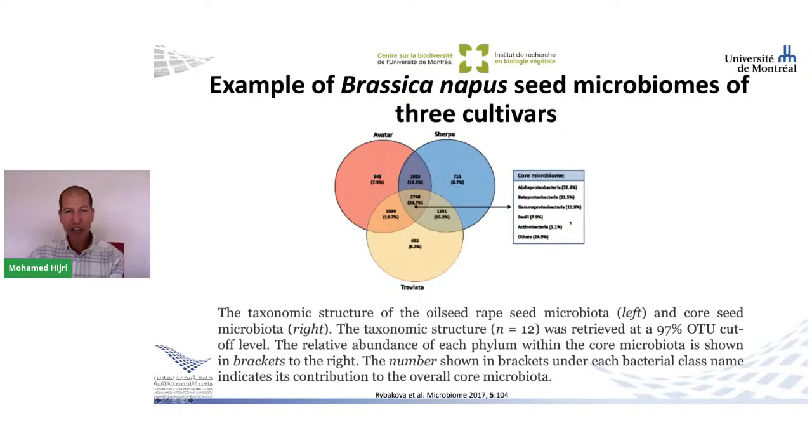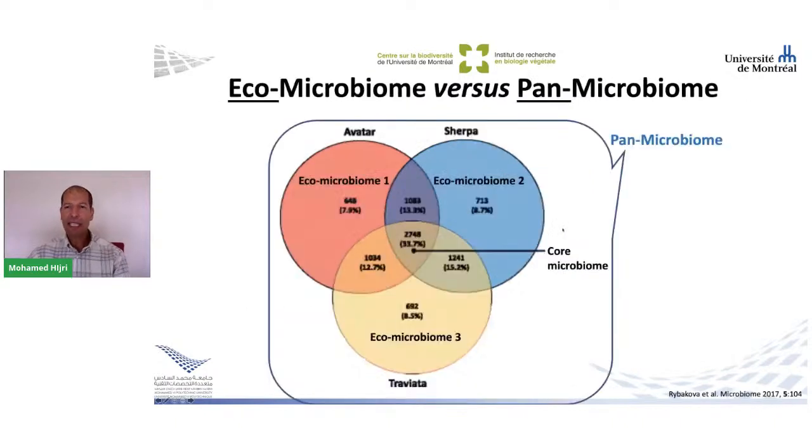Then we can push things further, and using exactly the same sample, we can define the eco-microbiome. The eco-microbiome is something really special. It's a community that lives in a given habitat. Here, for example, for the Avatar cultivar, it has its own microbiome: the microbial taxa that are only present in this cultivar and not in the others.